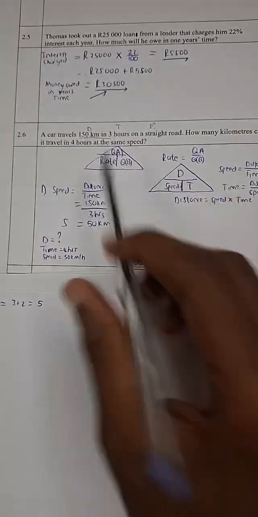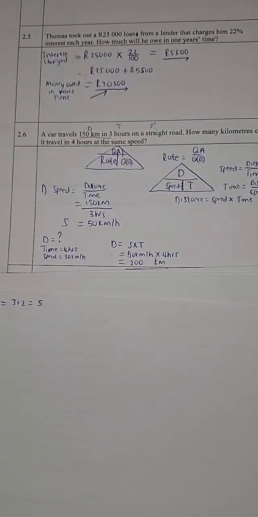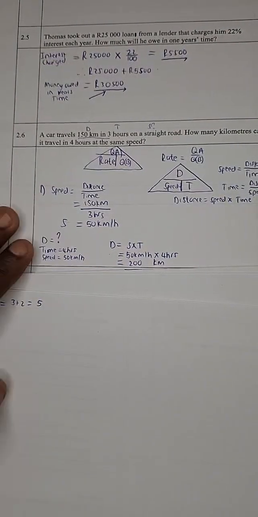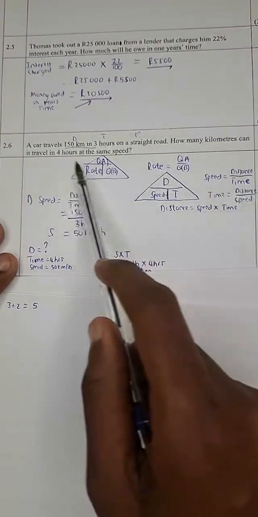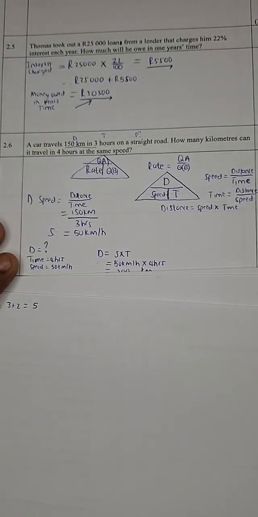It can't be called the average speed. Remember, they are saying a car is traveling 150 kilometers in 3 hours on a straight road. Usually if it's a straight road, it most likely means that there are no cars, so it's a very ideal situation. The question asks how many kilometers it can travel in 4 hours at the same speed.